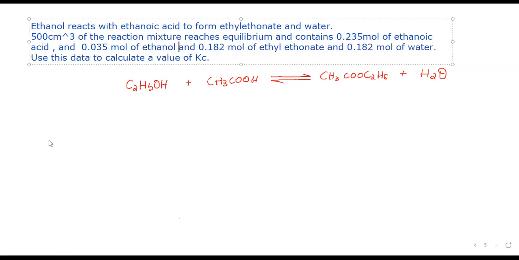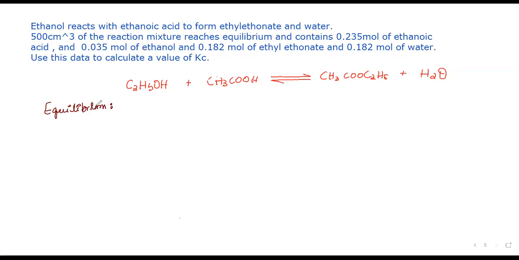Fine. So step one, you're going to make sure all the concentrations you're using are at equilibrium. In this question, they have already given us the values at equilibrium, so that makes the situation easy for you and me.